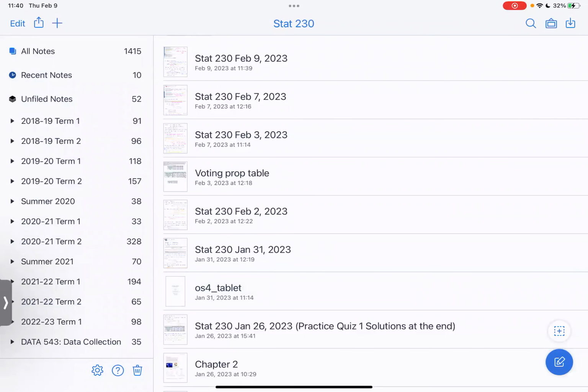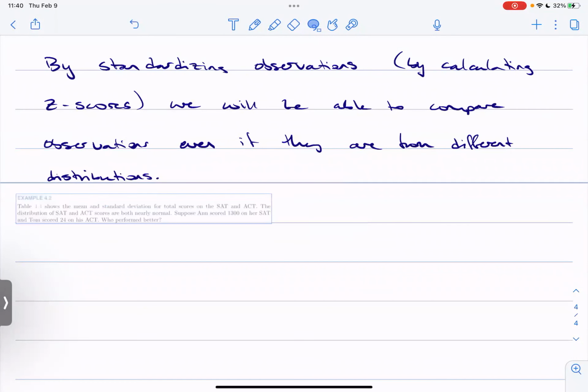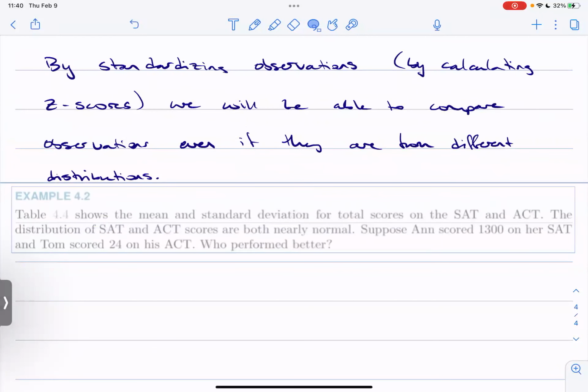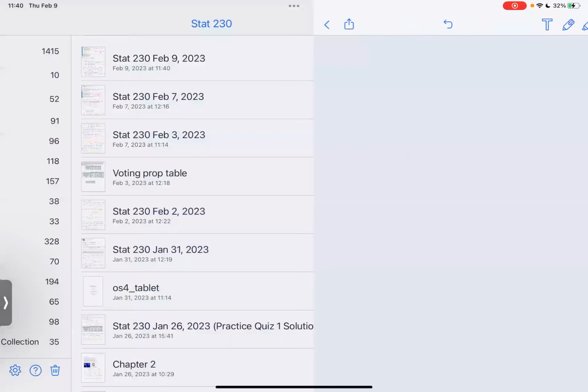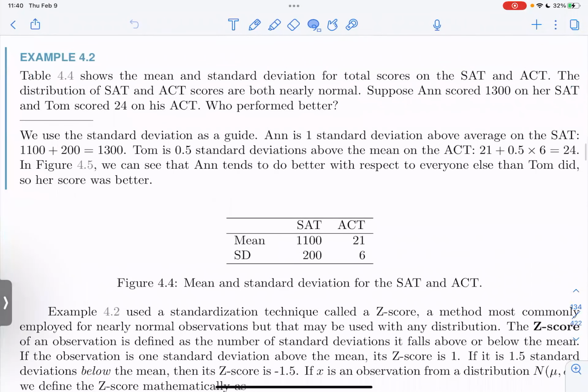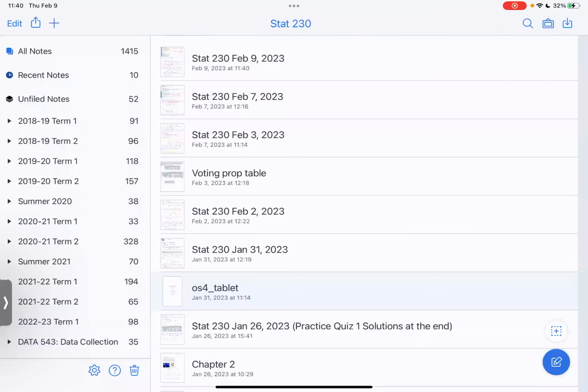In the States, you can write the SATs or the ACTs and apply to universities that way. They both measure academic ability. And the thing is, though, that the SAT scores are on one scale and the ACT scores are on a different scale.